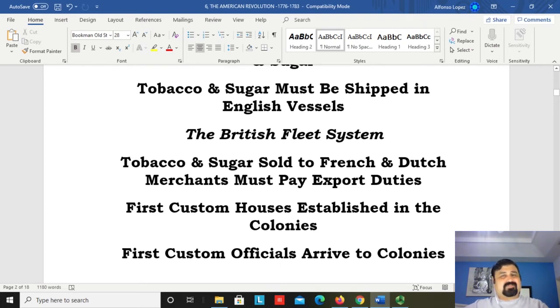If a planter, let's say in Virginia, Barbados or Jamaica, is selling tobacco to a merchant and boarding that cargo in a ship that was not the official vessel, the vessel could indeed be confiscated. Under the Navigation Act, that was what was to happen.